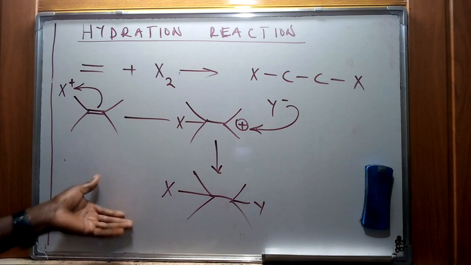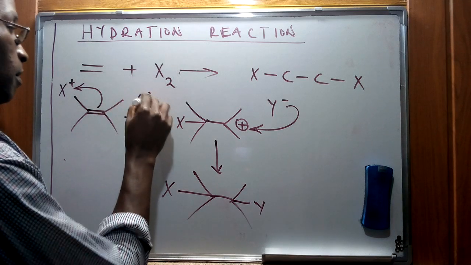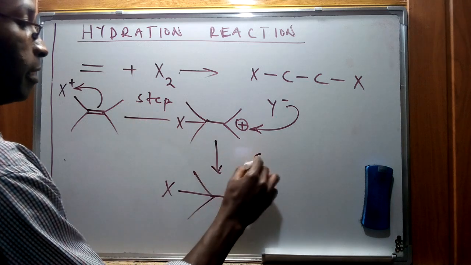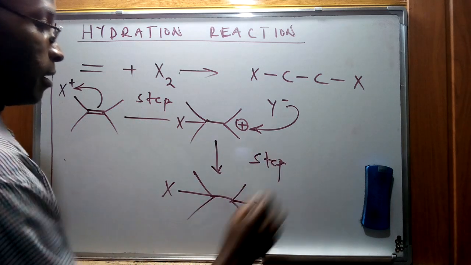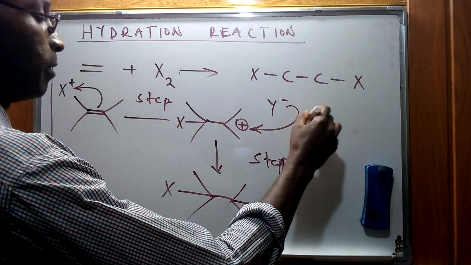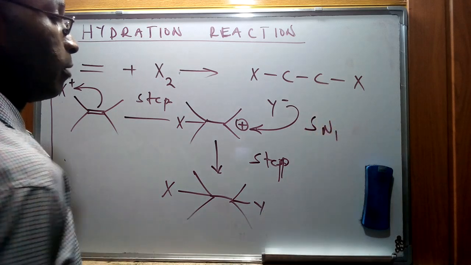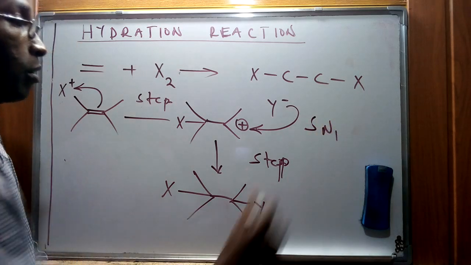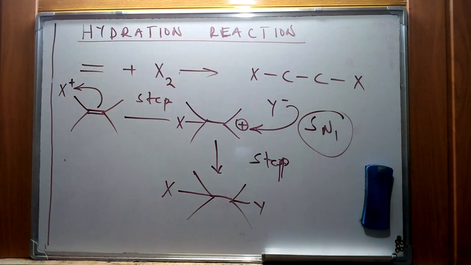In that case, this is the first step of this reaction, and this is step 2. This step 2 is analogous to the nucleophilic substitution reactions that we're going to see in some of the reactions, which is basically referred to as the SN1 reaction.